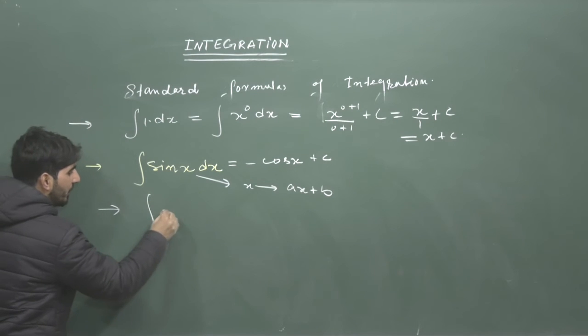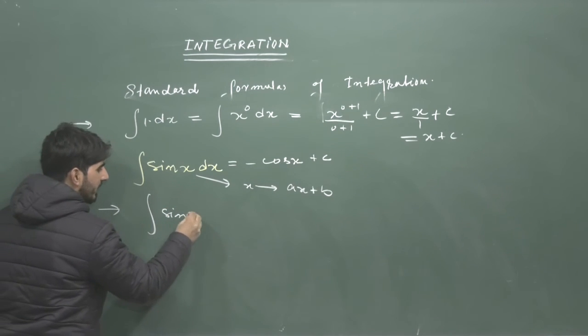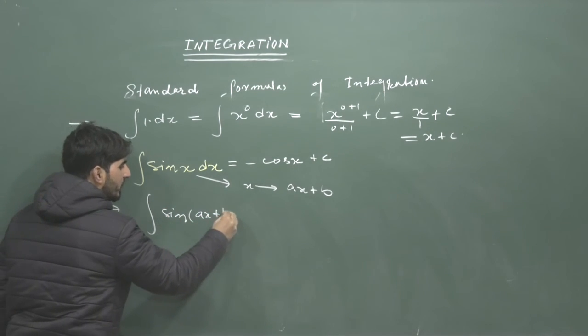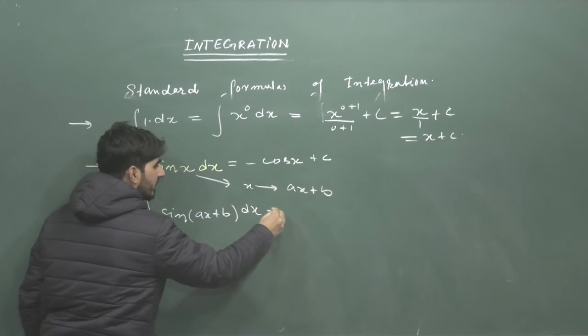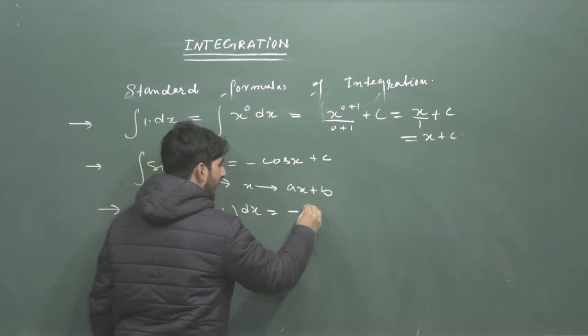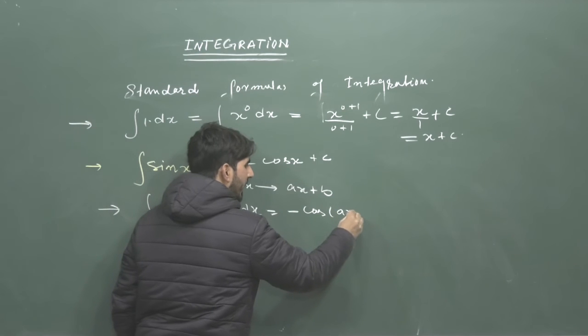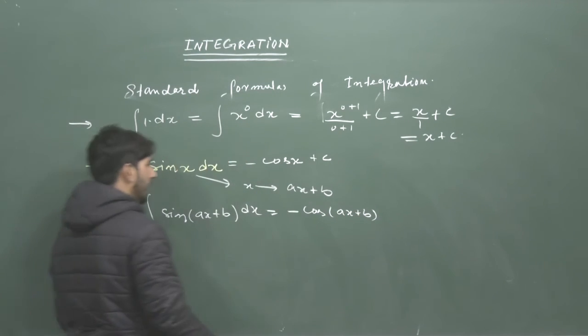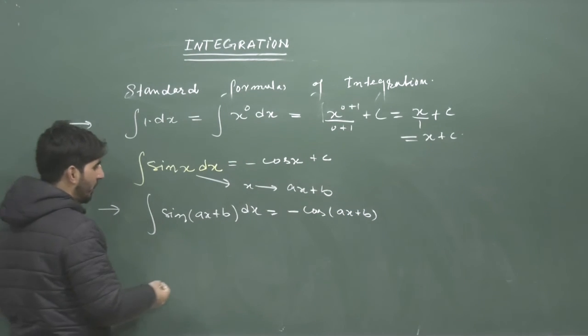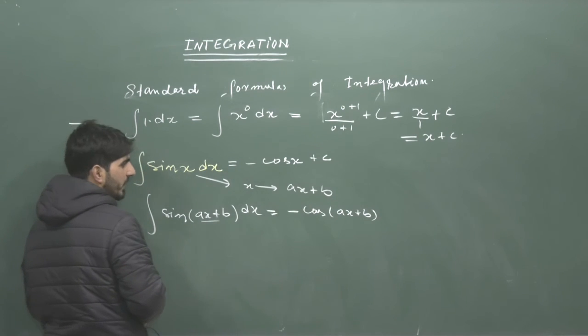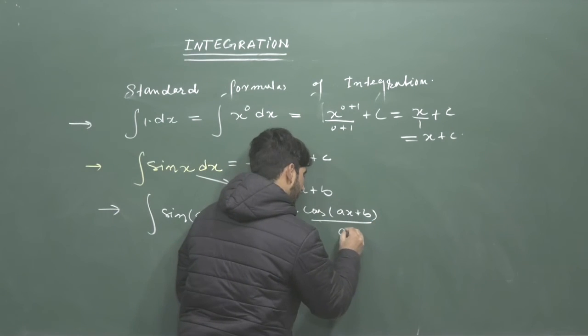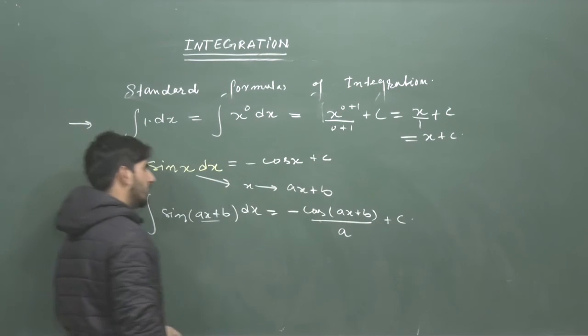Integration of sin of ax plus b dx will be equal to minus cos of ax plus b into internal differentiation of ax plus b, that is a, divided by a, plus c.